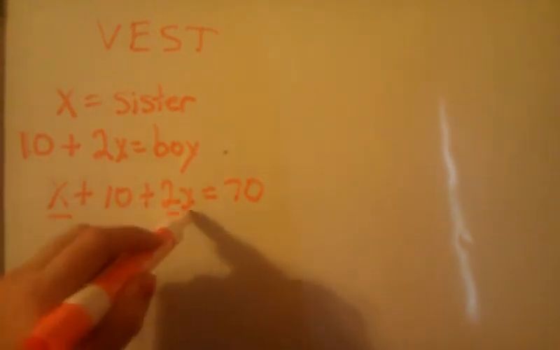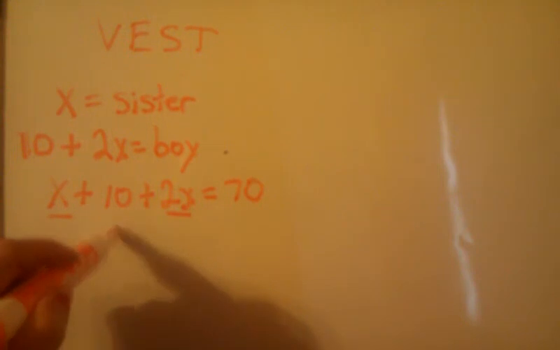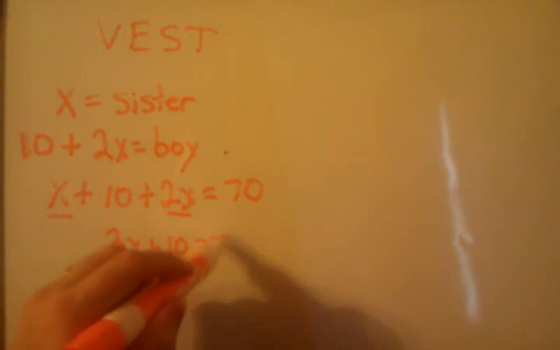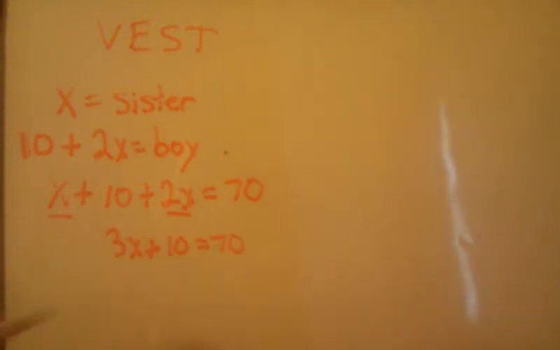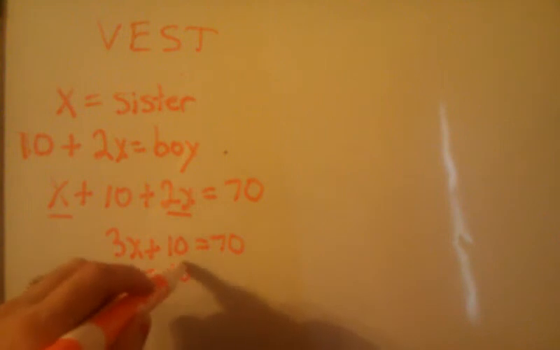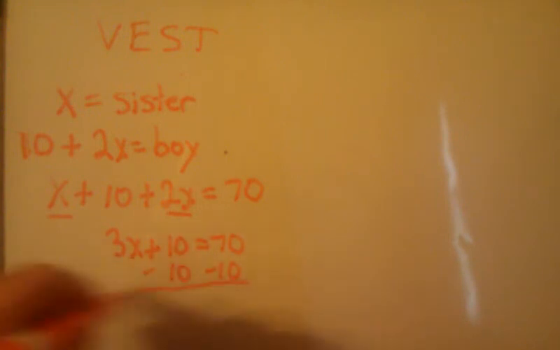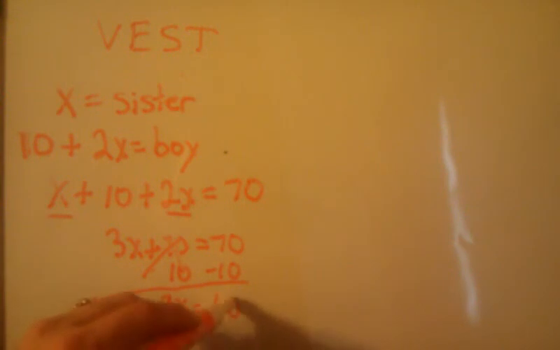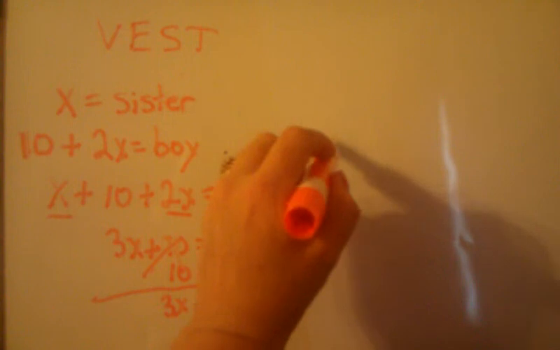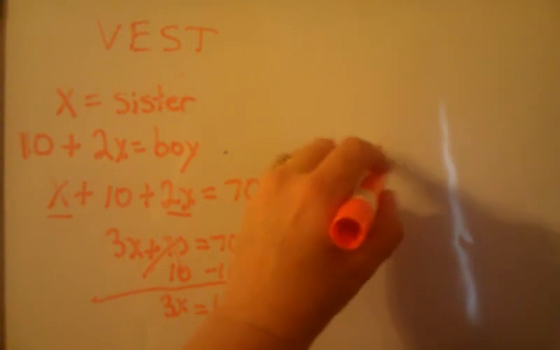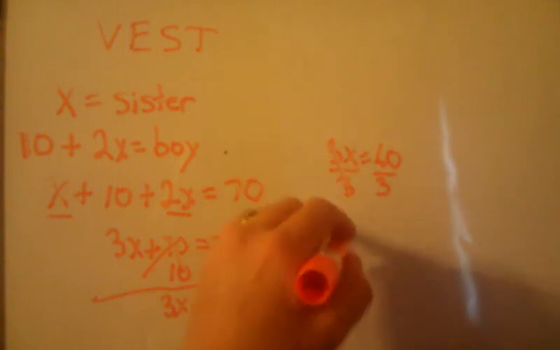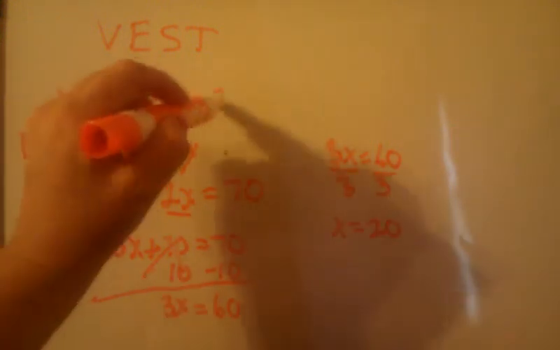Like terms, x plus 2x is 3x plus 10 equals 70, minus 10, 3x equals 60. So I have to divide by 3. X equals 20. So his sister made $20.